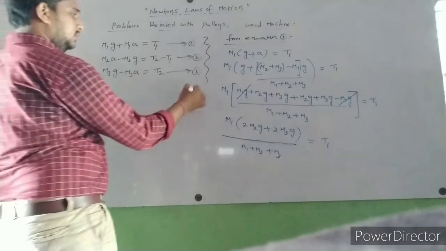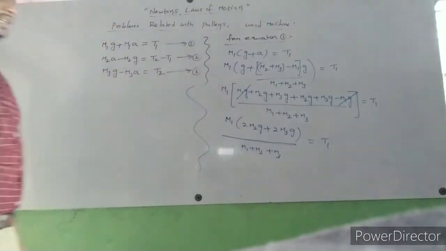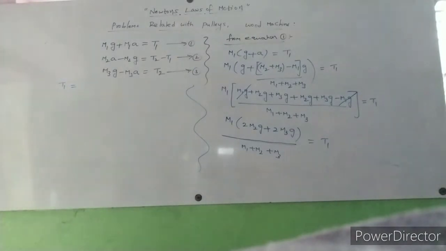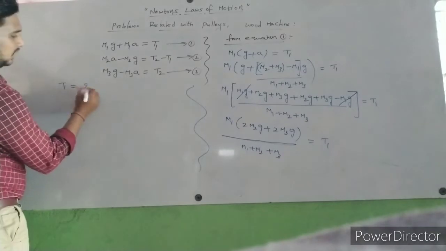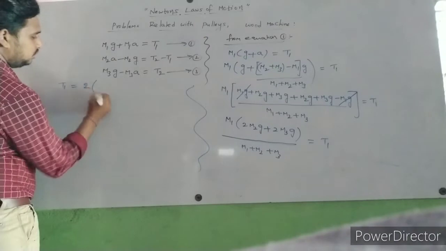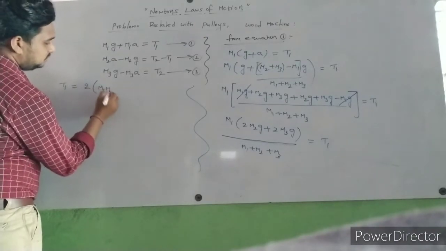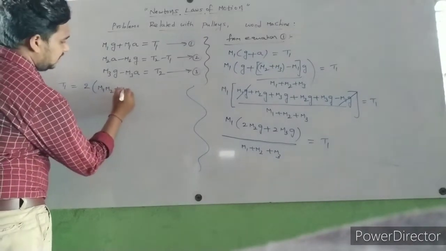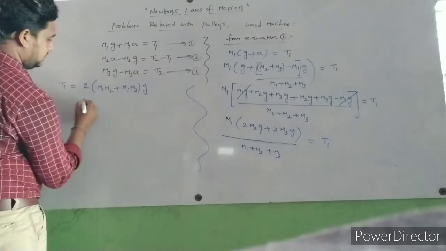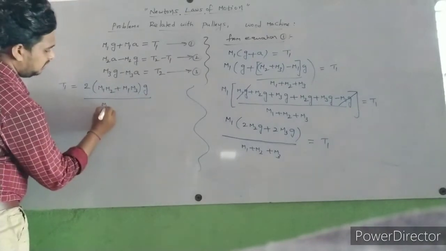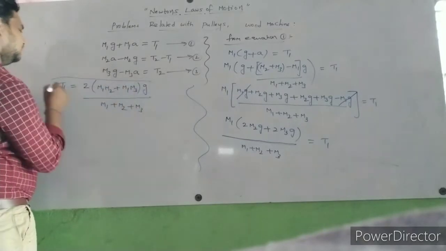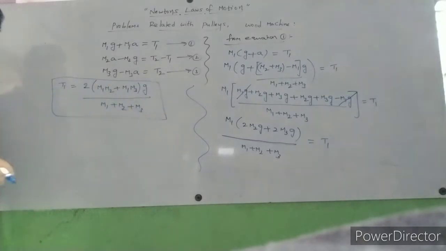So tension T1 is equal to 2 as common, M1 M2 plus M1 M3, into G by M1 plus M2 plus M3. So this is tension T1.